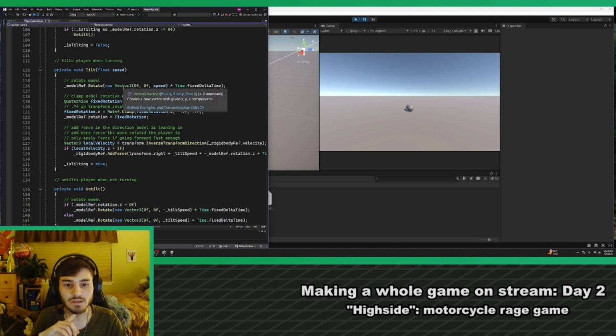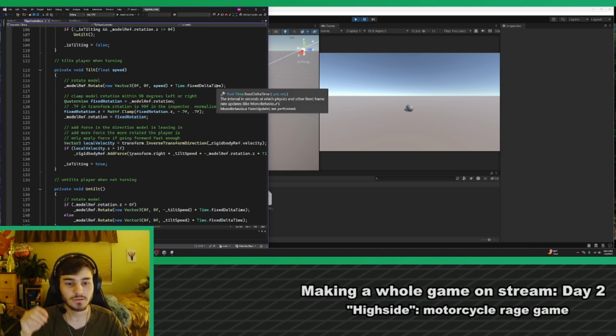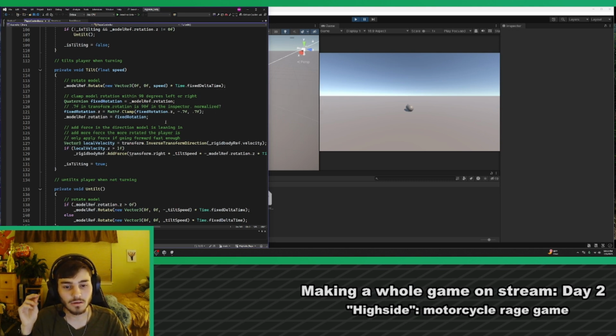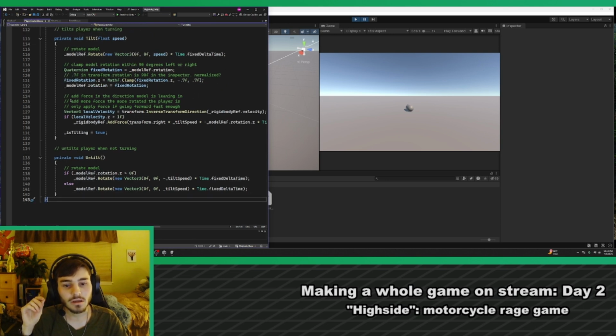Okay, so we're rotating the model. We are clamping our model rotation to 90 degrees left or right. Makes sense, so we don't tip over. Then, okay, that's just how we're doing it. Add force in the direction the model is leaning. Yes. Add more force the more rotated the player is. Yes.